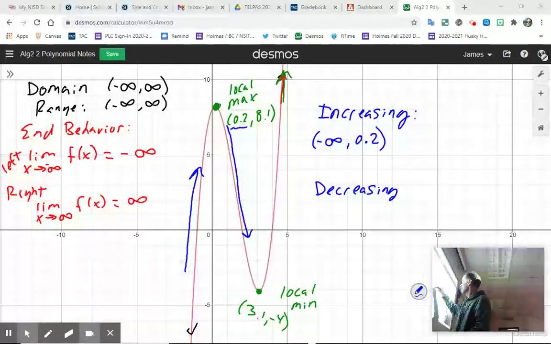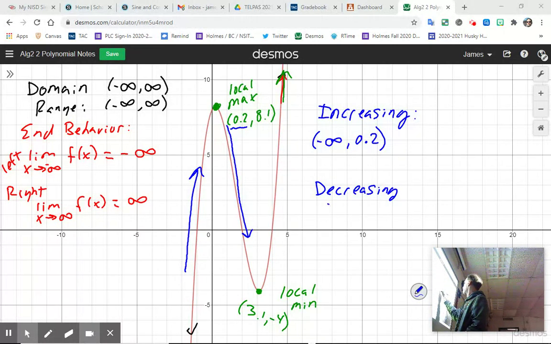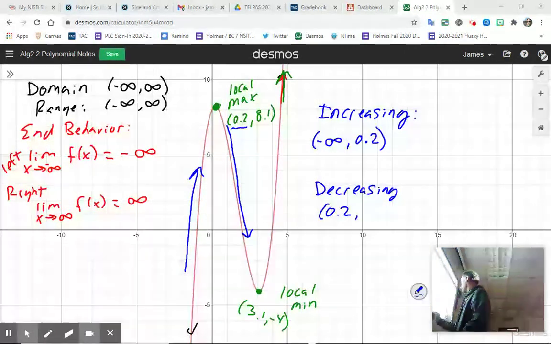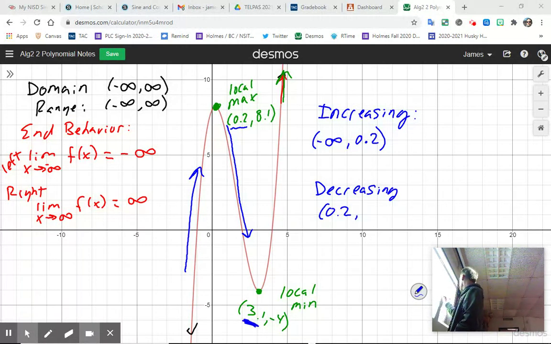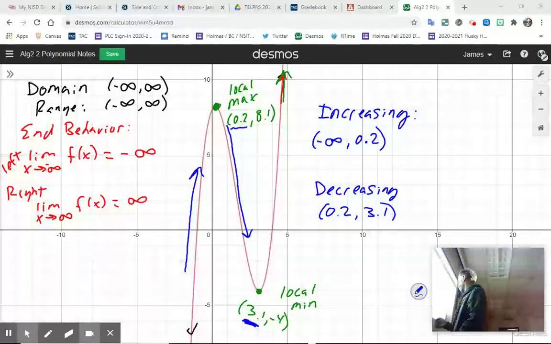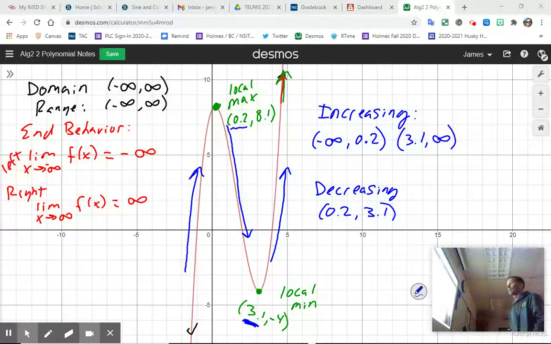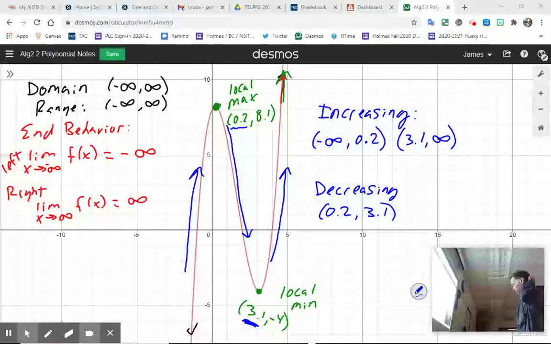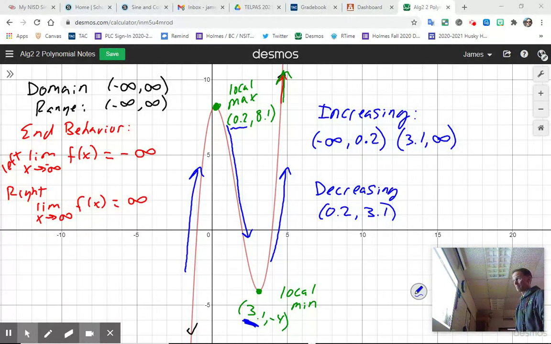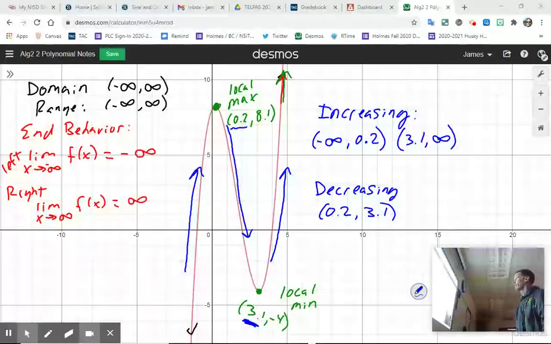Now it starts falling, so it's decreasing from 0.2 until it hits the minimum point at 3.1. And then after the minimum, it starts increasing again, starts rising, and it does that forever and ever. So the other increasing interval will be from 3.1 to infinity. Okay, it's always going to change from one to the other at a minimum or maximum point. Whether it's local or global, it doesn't matter. It's always going to change one to the other.